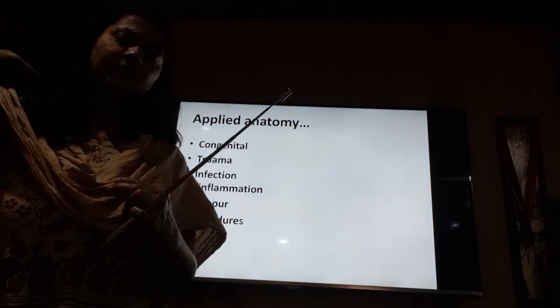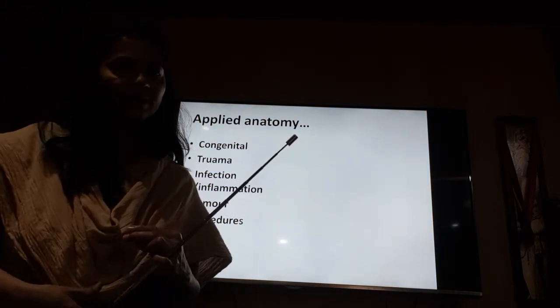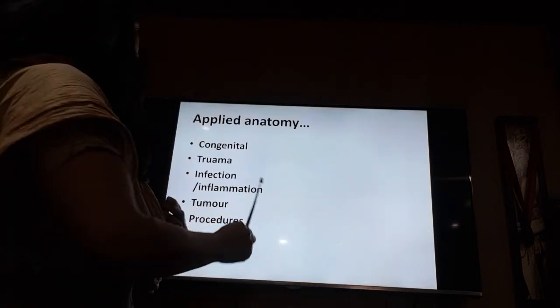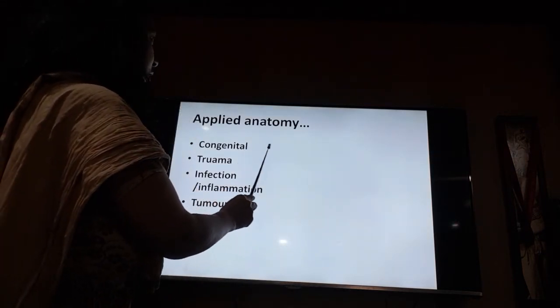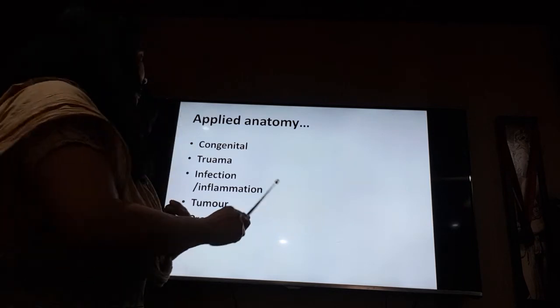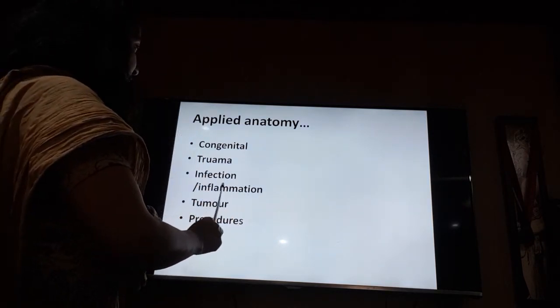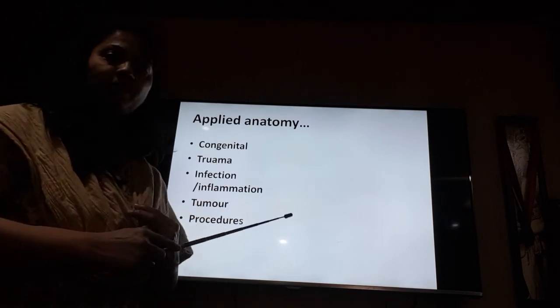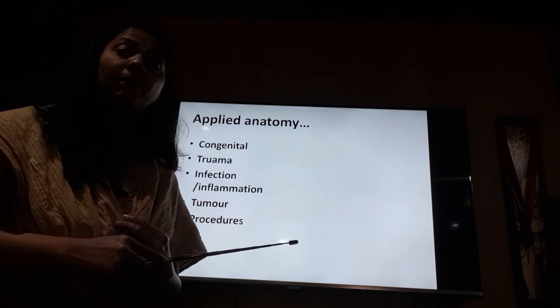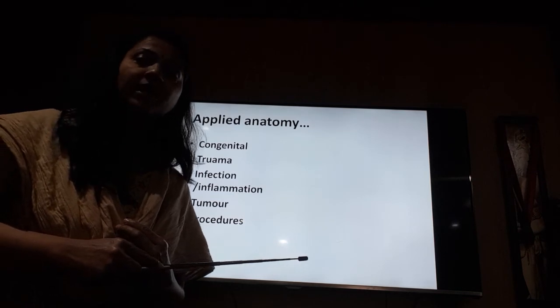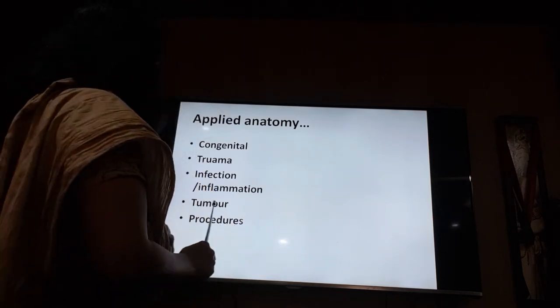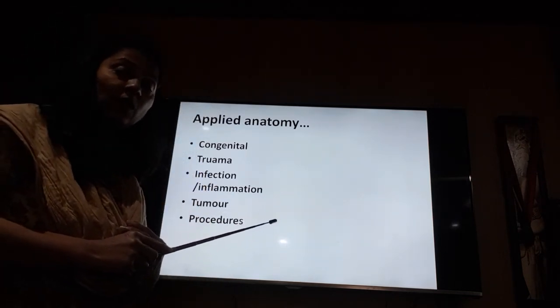Applied anatomy. This is the last portion that we have to take. There can be congenital anomalies of the pancreas. There can be trauma to the pancreas. There can be infection or inflammation of the pancreas, which is called pancreatitis. It can be acute, it can be chronic, both. Mostly found in alcoholics.